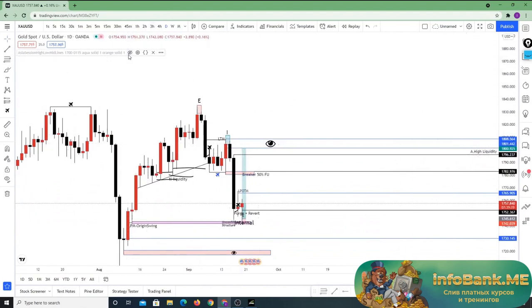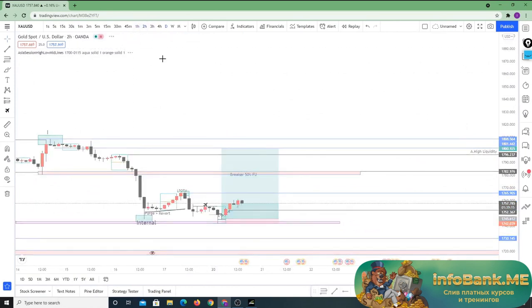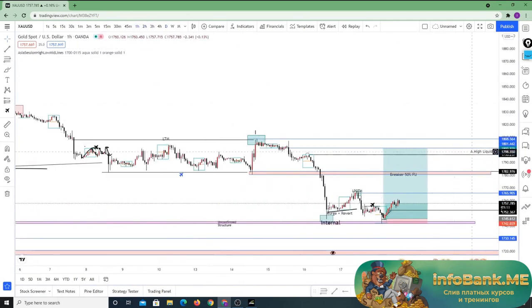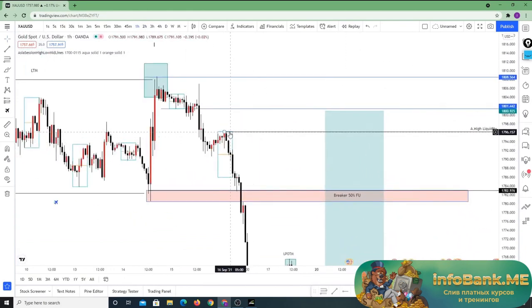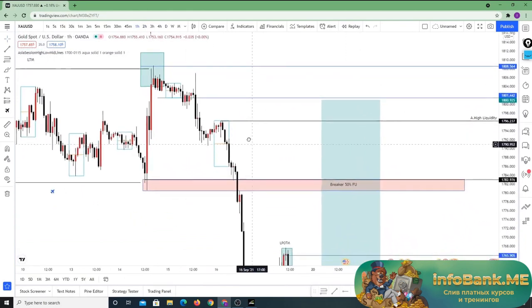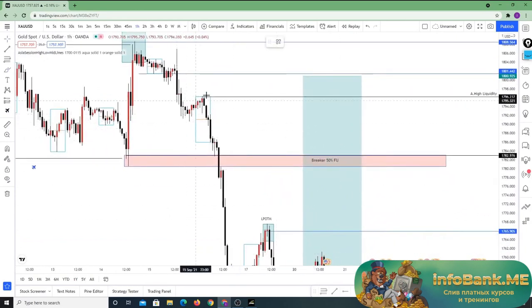If we turn the indicator on, that's the only indicator I use, and I use it as a visual reference. So as you can see, this is an Asia high that has not been liquidated yet. So I know that any POI inside this region is most likely not going to hold. Why? Because we've got liquidity right above it.